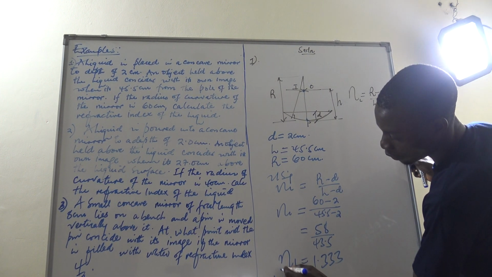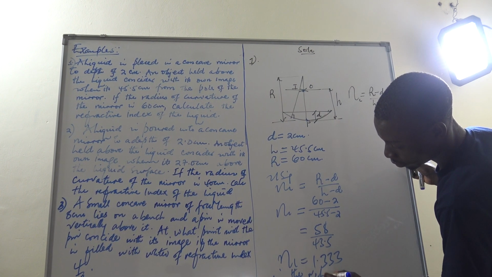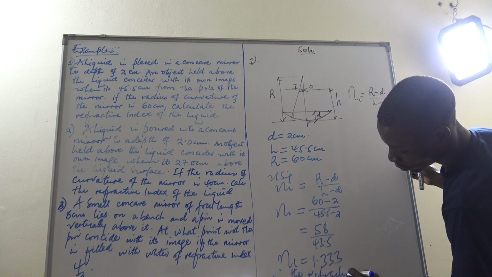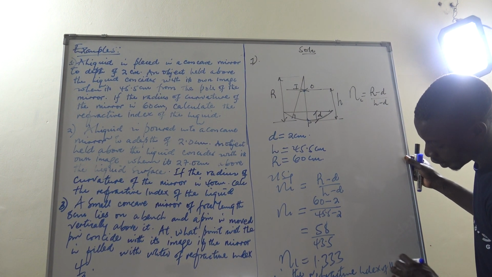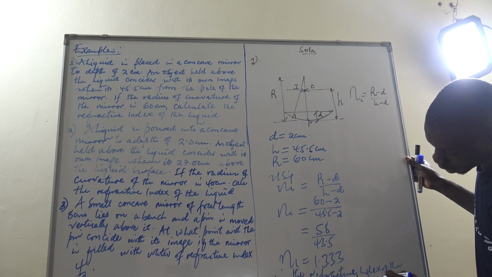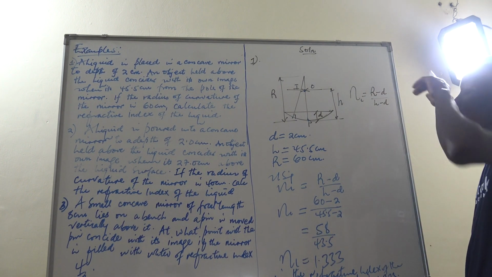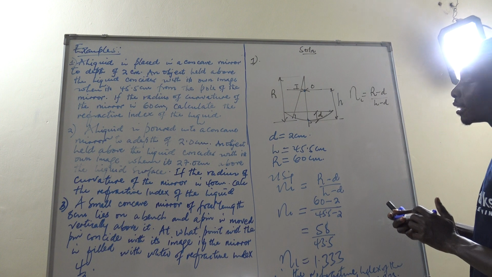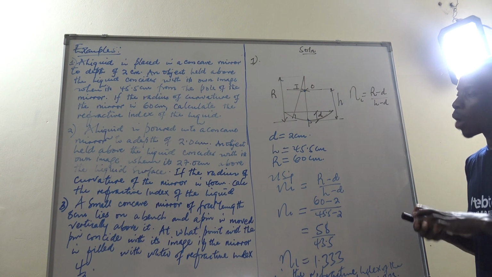So we say therefore the refractive index of the liquid is 1.33. That is the solution to our Roman 1.